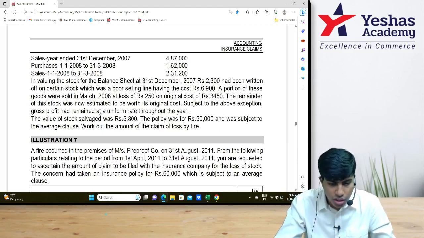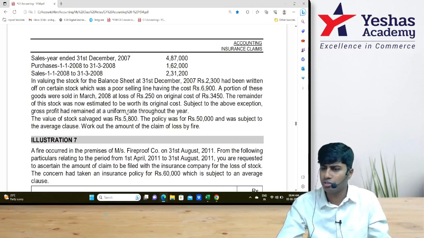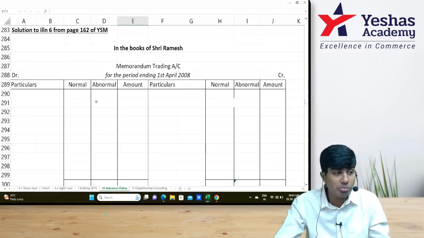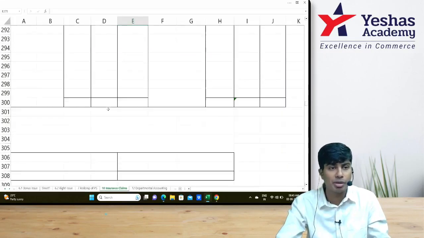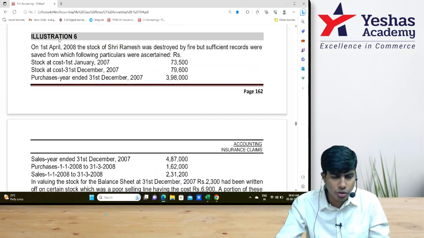Okay, so now let's come back. Here they've given salvage is 5,800, policy is 50,000. If we do cross multiplication, we'll find the amount of claim also. Can we start with the answer? This is a unique one because we need to prepare two columns in the memorandum trading account. To begin with, how much is our opening stock?